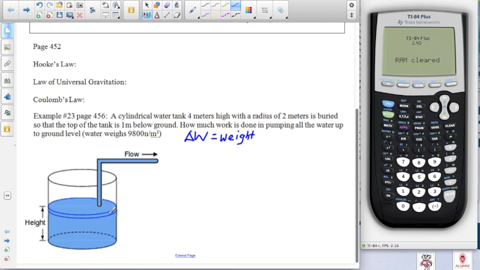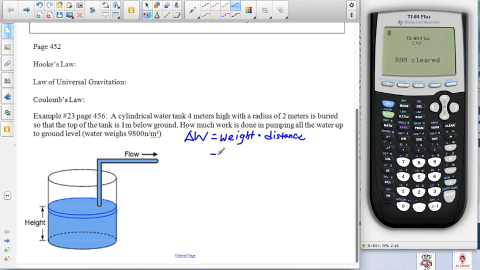You can see it in the darker blue here. That small disc of water is a circular prism, or a cylinder. So that's going to be the weight of water moved, and then we multiply it by the distance we have to move it. Because we know weight is a force, and if we take that force times distance, that is the definition of work.